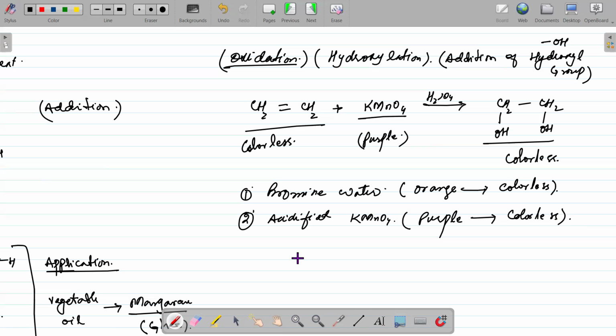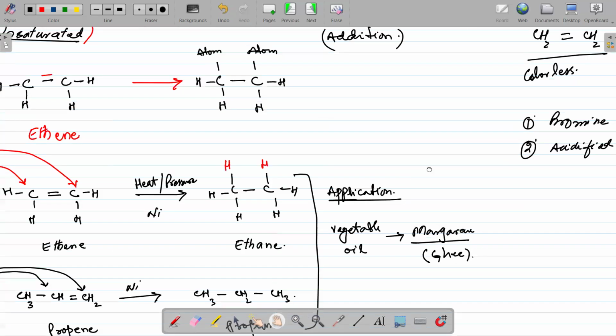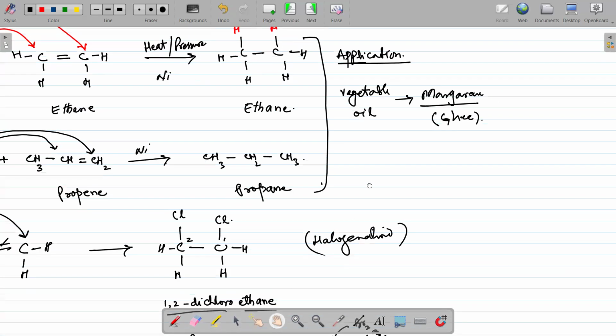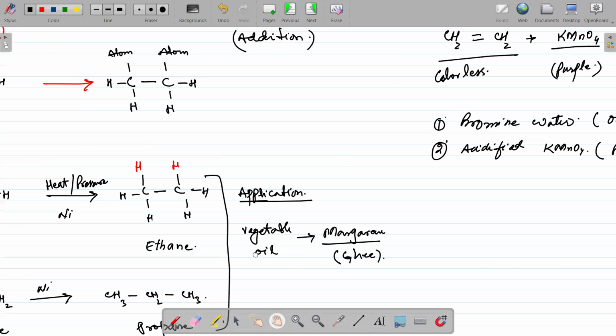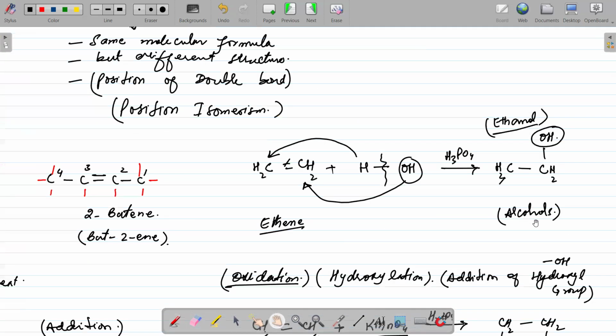So when we conclude about their chemical properties, which type of reactions are they showing? Addition reactions: addition of hydrogen, addition of halogens and their applications, and addition of water, giving us alcohols.